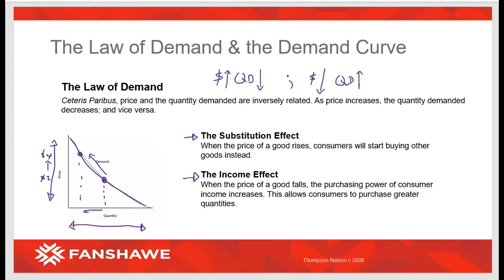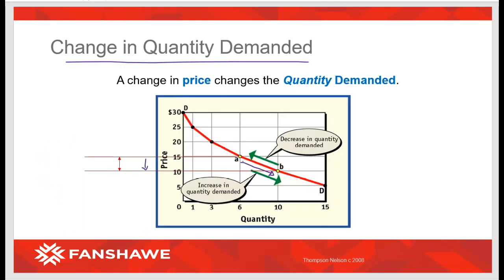So as price is going up and down, we are moving up and down along this curve with it, and we call it the change in quantity demanded. This up and down arrow on the price axis corresponds to a movement on the horizontal axis, and on the actual graph, it looks like we're moving along the curve. Think of it like a lever.